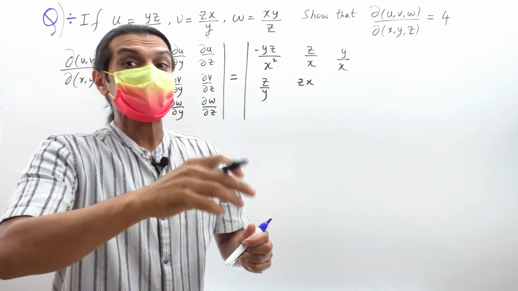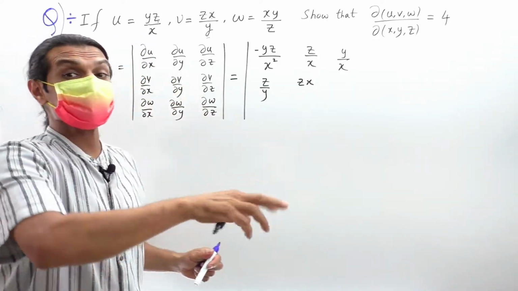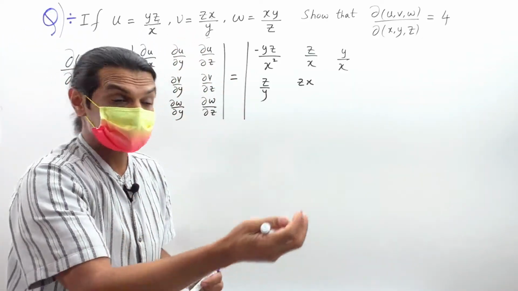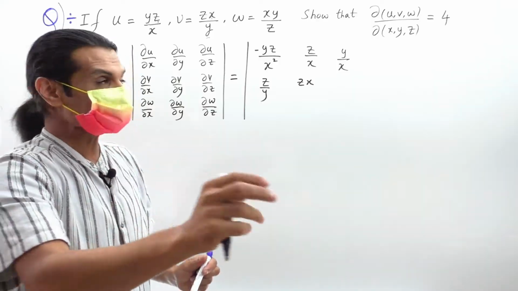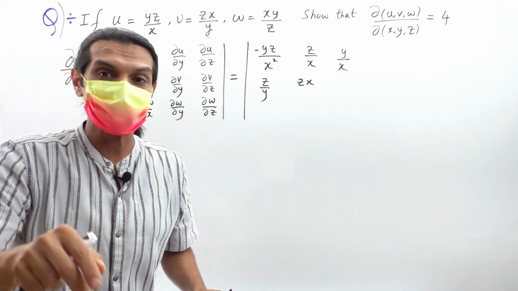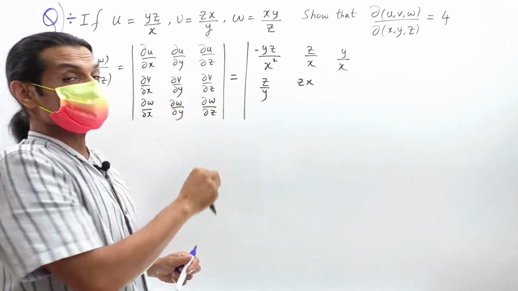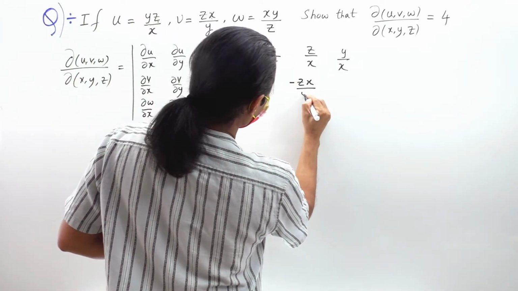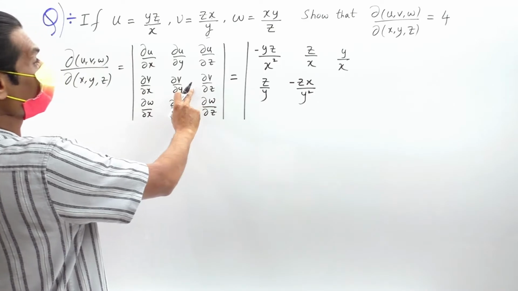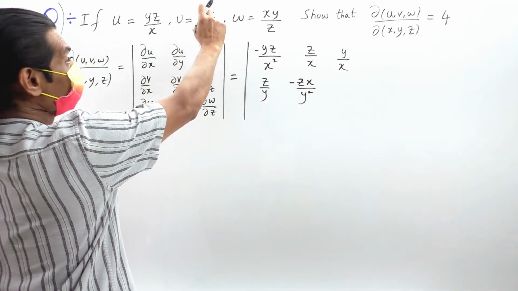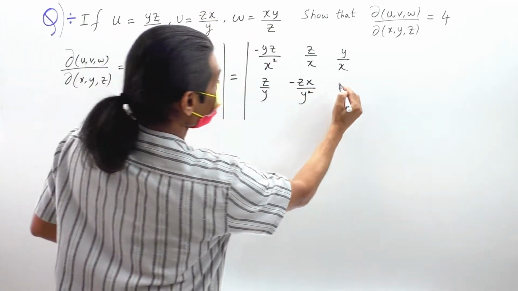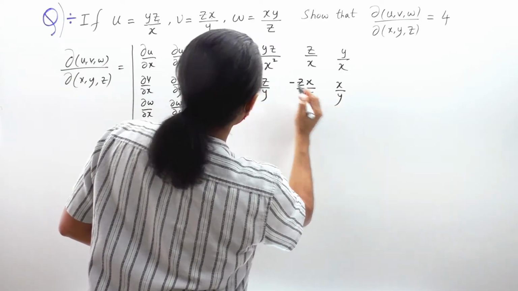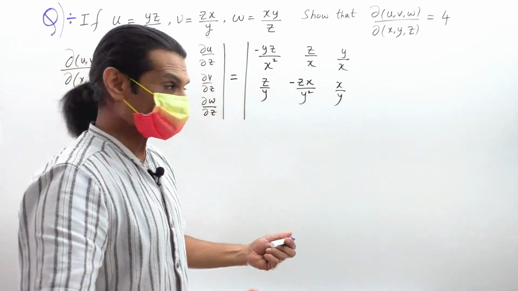You are partially differentiating v with respect to y. So zx, don't touch it, as it is, into differentiation of 1 by y with respect to y, minus 1 by y square. And dou v by dou z, here z is in the numerator, x by y as it is, differentiation of z is 1.